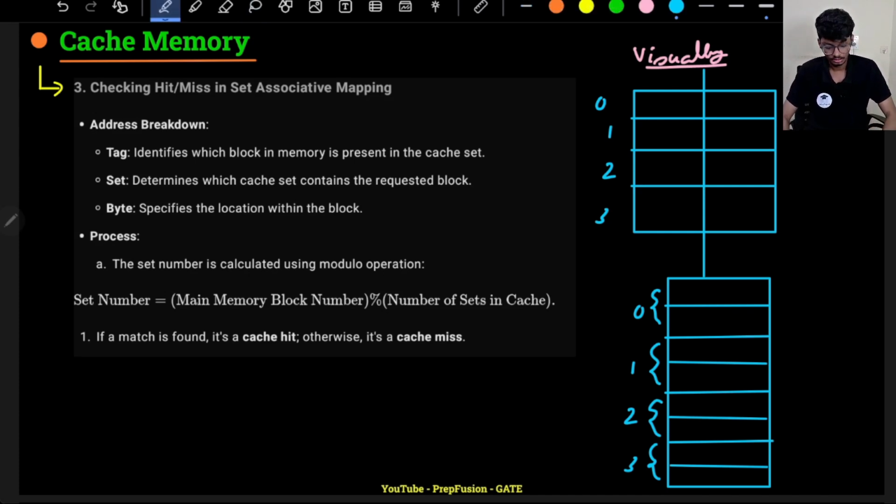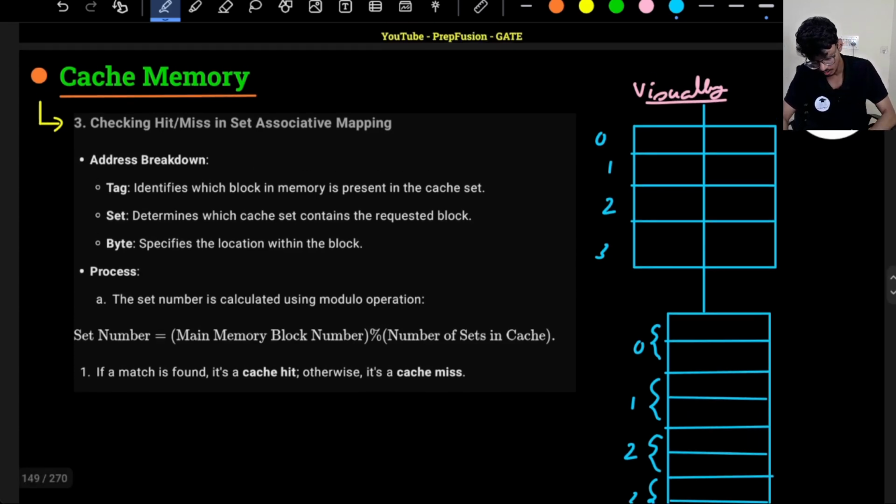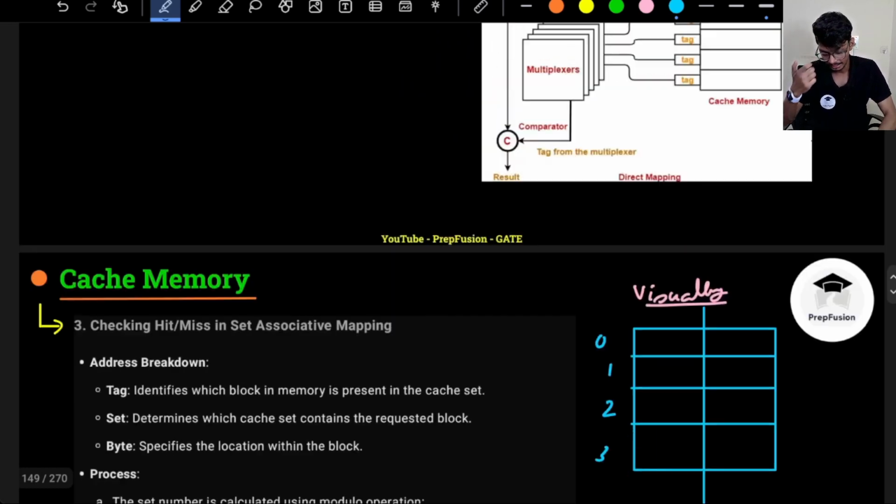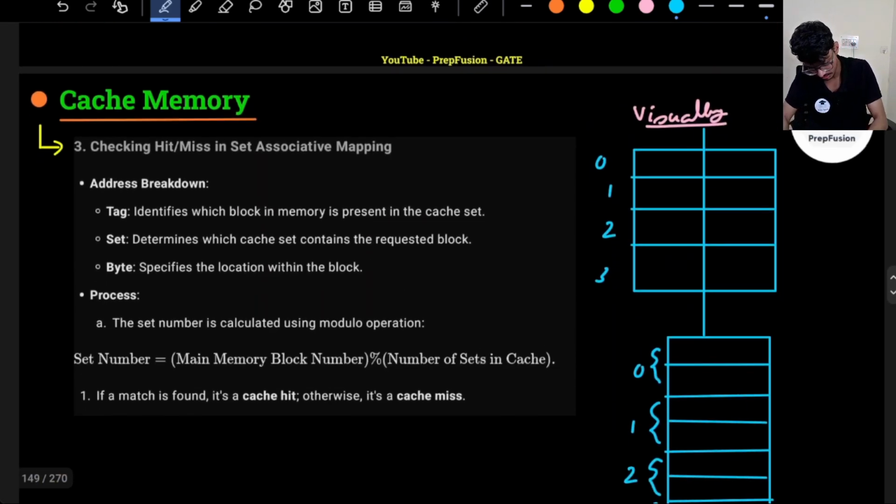Okay, so how do I select? So now actually I will require two multiplexers, because I have to compare two tags. Now how many tags do I have to compare? Two tags, right? Because previously, if you remember, I had only a single tag, but here I have two tags.